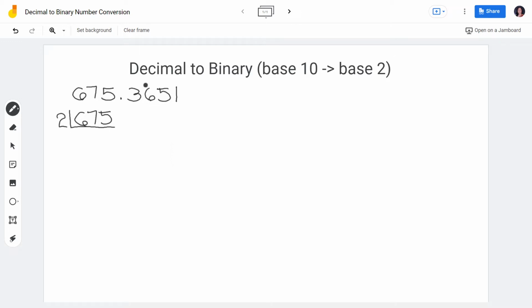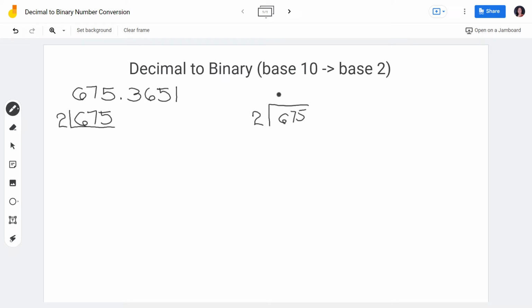Again, for the integer part, the integer part will be divided by the base we're going to convert it into. That's why it is divided by 2. Okay, let's do it manually.